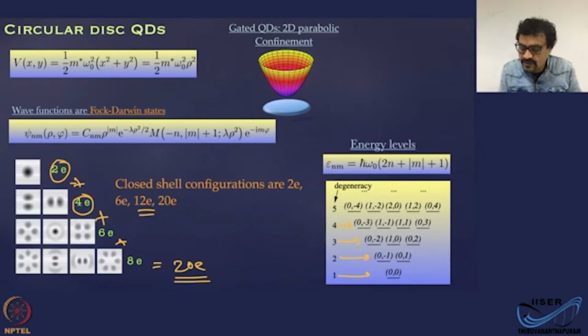And when you go to the next, you will start filling the next orbital, and so on. So you have the next shell and so on. Very similar to that, you also have a shell filling sequence in the case of these artificial atoms. These quantum dots are often referred to as artificial atoms because these are man-made structures which mimic the shell filling sequence of a natural atom.